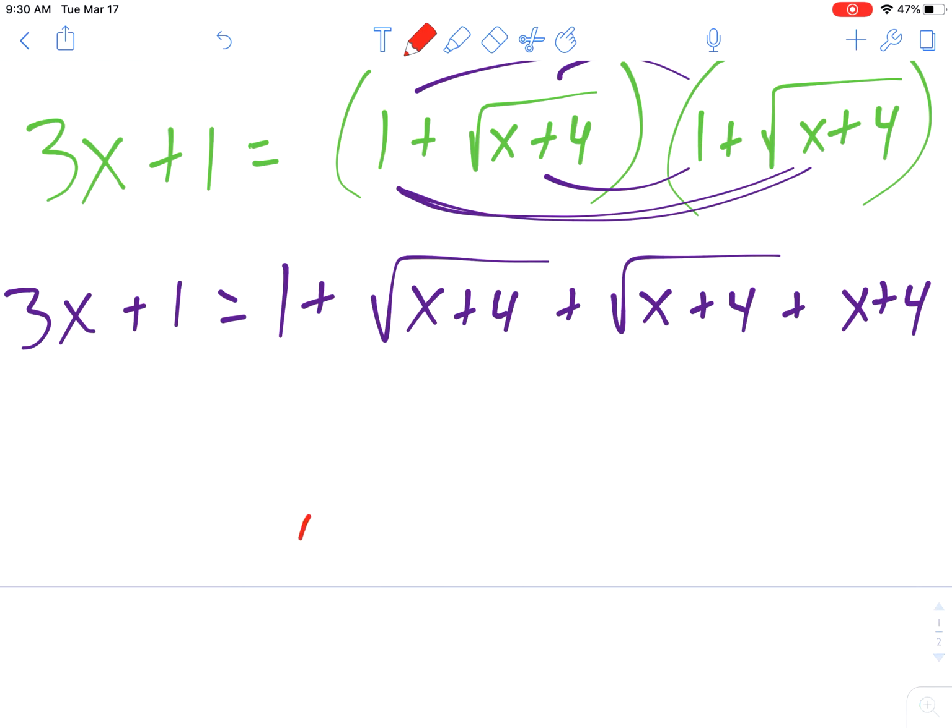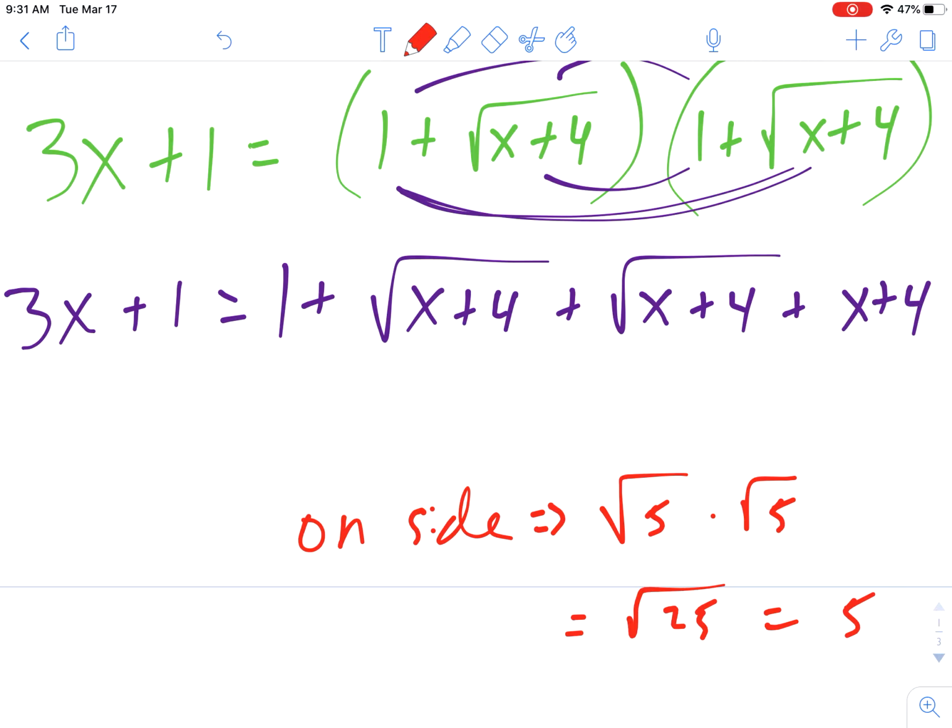You don't have to write this part down, but on the side of the board I would say, well, the square root of 5 times the square root of 5 is just the square root of 25, right? And the square root of 25 is just 5. So you end up with the same thing you started with underneath the radical. So that's the justification for this one.